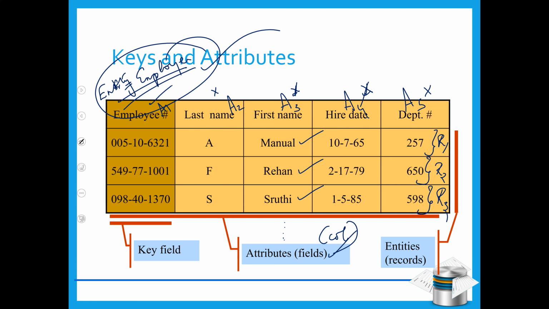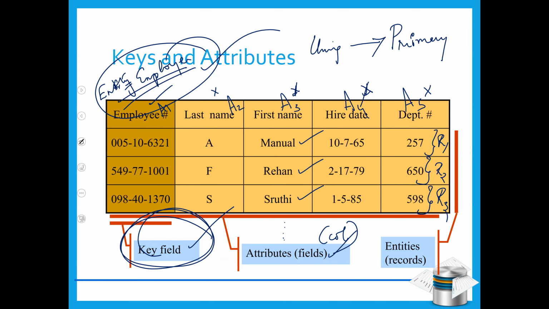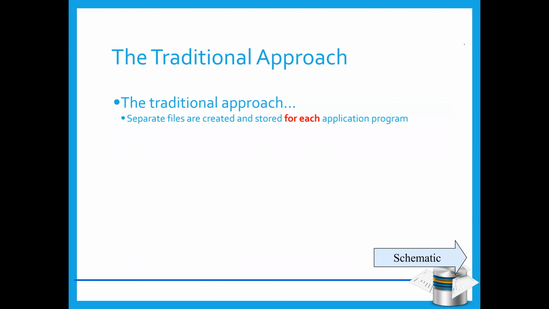Employee number, that's perfect. No 2 people can have the same employee number. So I say that is my key field. Now, this uniquely identifying field, you call it with a pet name, primary. Because it is a key, you even call it primary key.